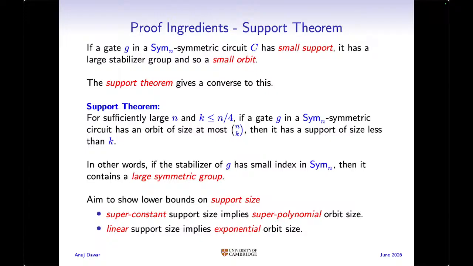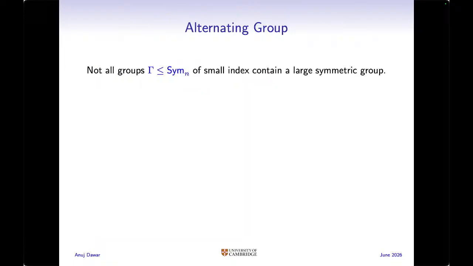I stated this as a sort of converse to the statement that gates with small support have small orbits. Note, it is not the case that every group with small index has small support. I mean, there's an obvious counterexample, right?